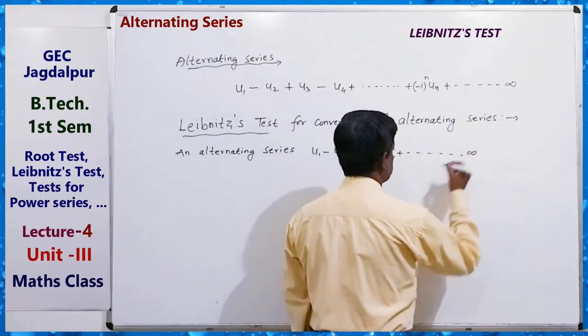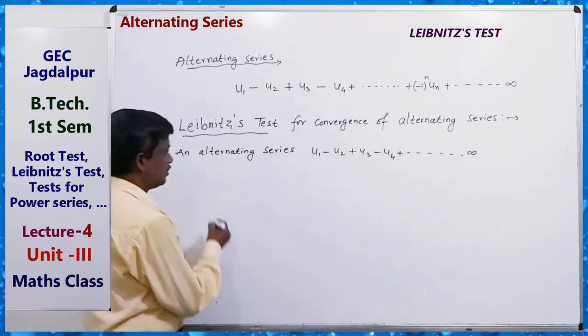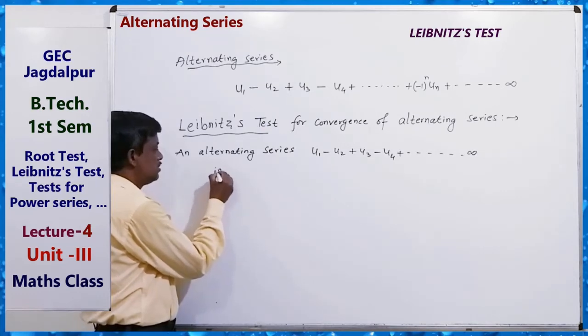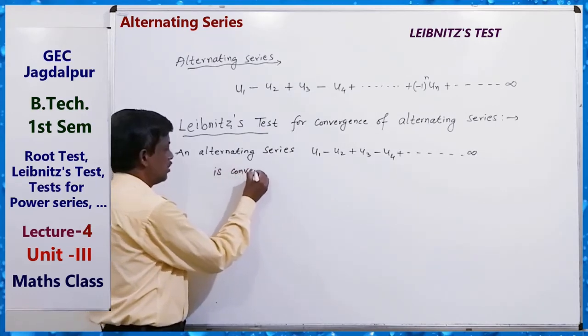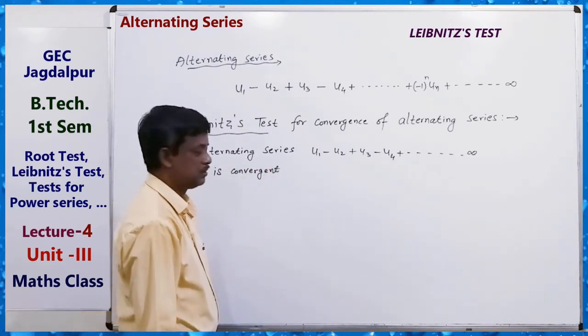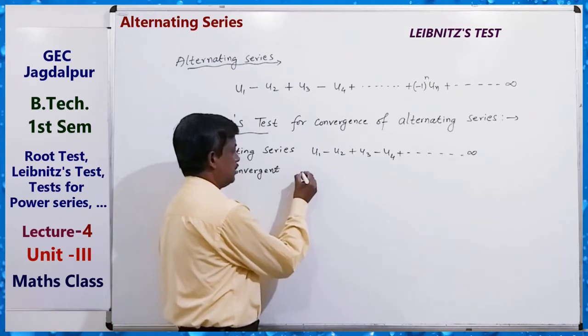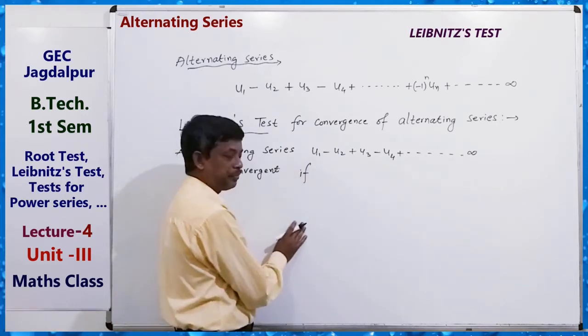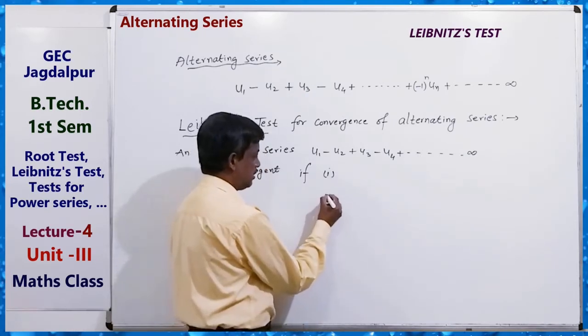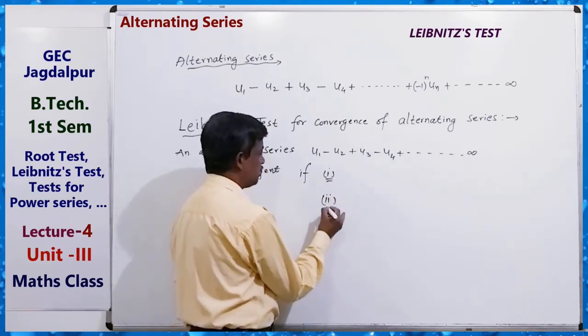The alternating series is convergent if there are two conditions.